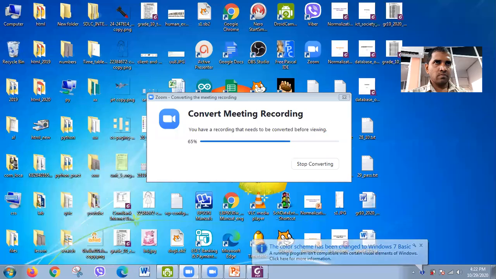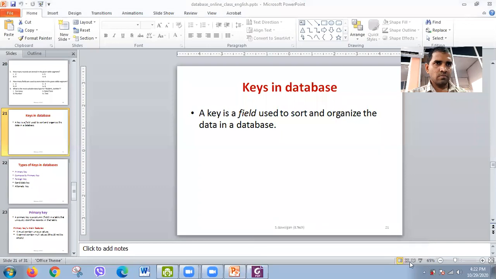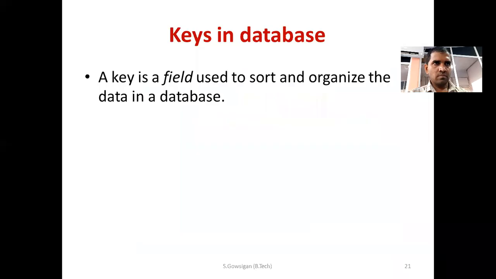So today we will move to another important area in this unit, that is called keys in a database, right? Okay, let's take that part now. Look, this is another vital area in database.